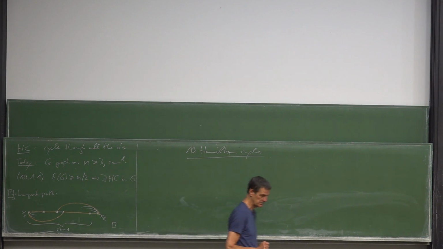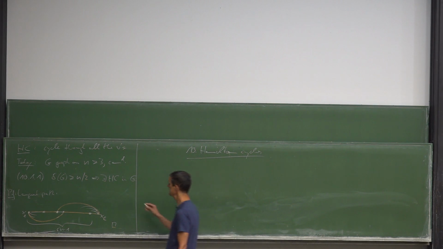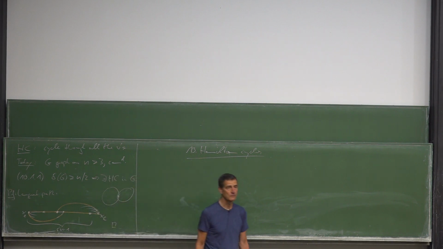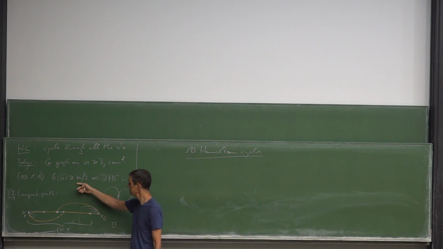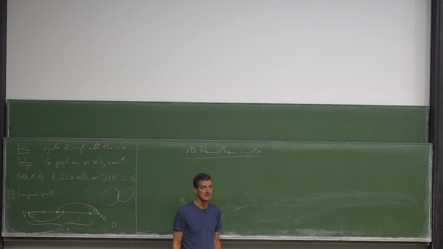Now, what else can we say? Crude idea, in this example here, we needed the min degree assumption as big as that to not just get a cycle on all the vertices, but even to get any cycle that connects these two parts here. Right?